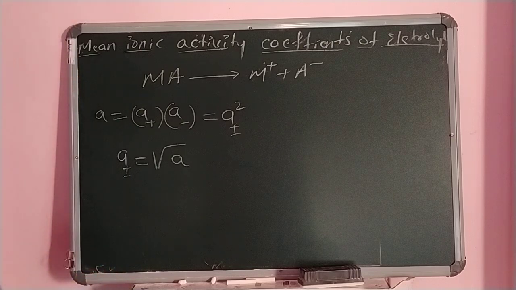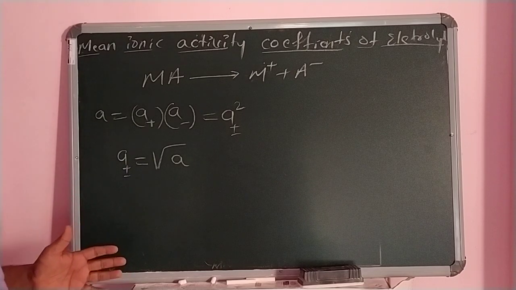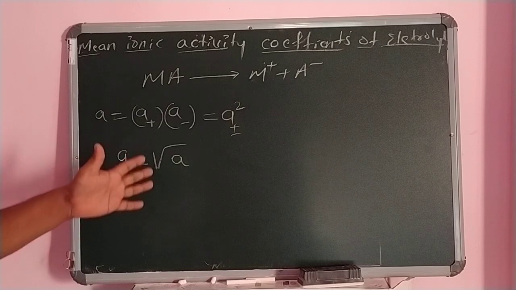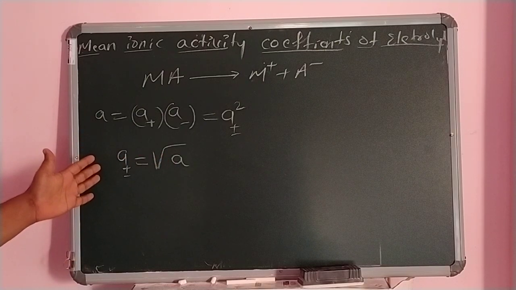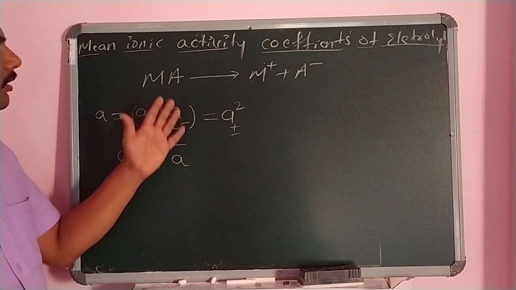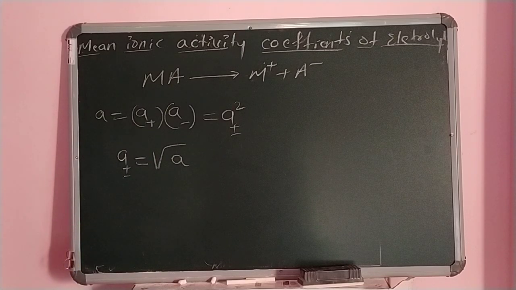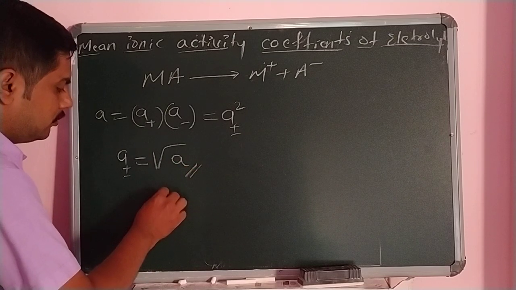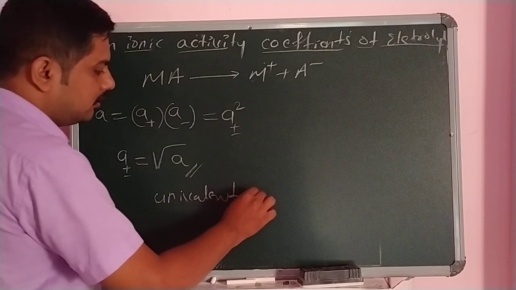So that's the definition of the mean ionic activity coefficient of a univalent electrolyte: the activity of the species is equal to the square root of the activity of the electrolyte. This is applicable for a univalent electrolyte.